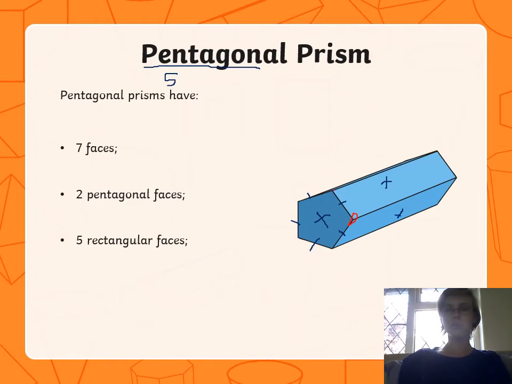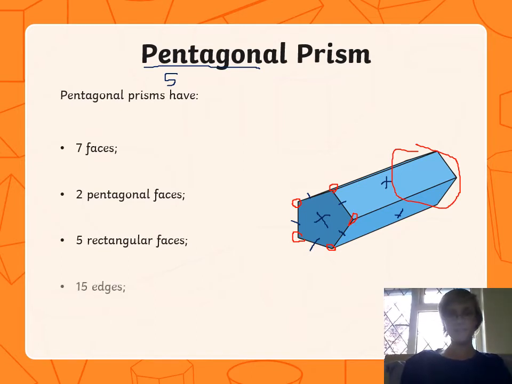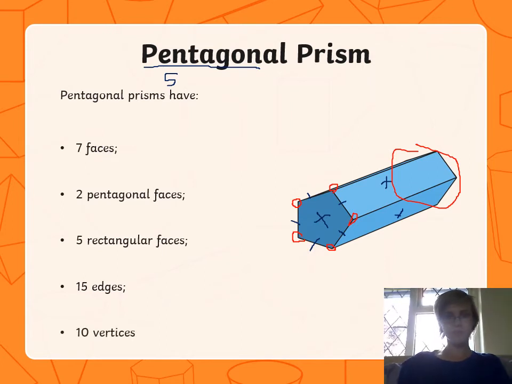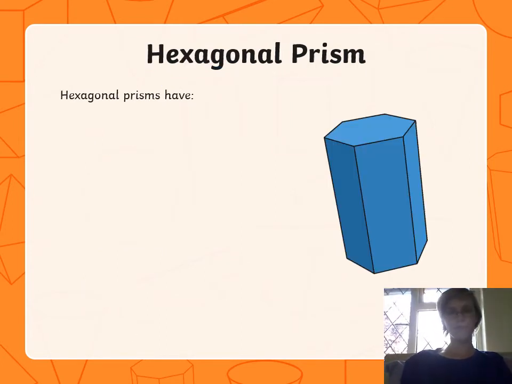So it's got 5 corners, which means it's got 5 vertices at this end, and then we need to account for the ones that are at the other end too. So that means that's 10 vertices altogether for that one, okay? Lovely. 15 edges, yeah, so we've got 5, 5, and 5 at the other end. Cool. There you go, 10 vertices.